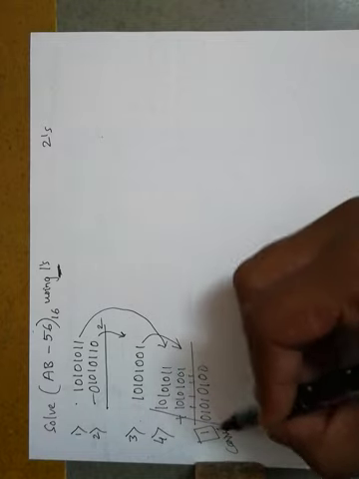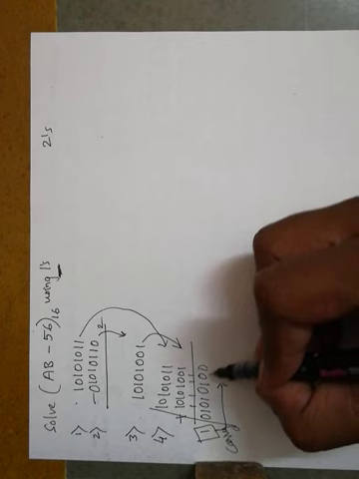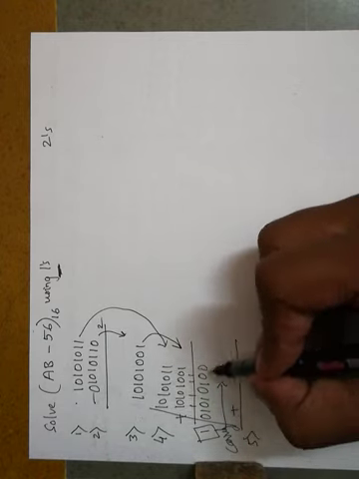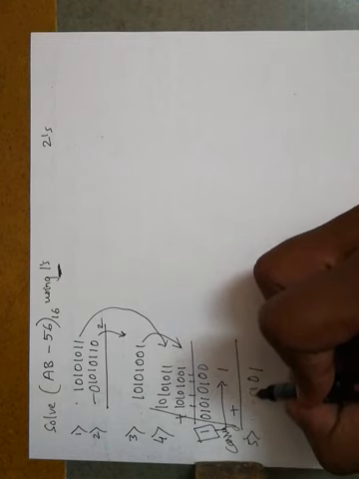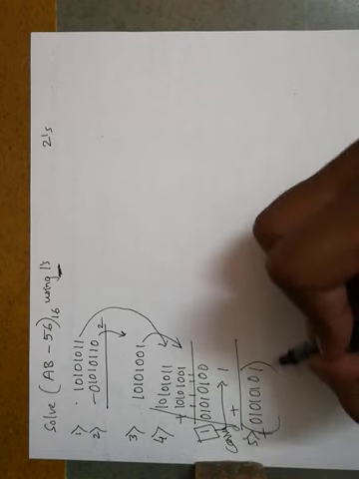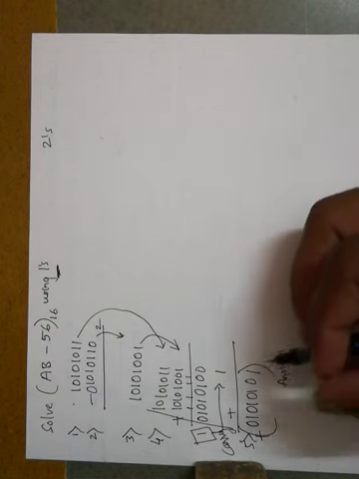If we remember our procedure, if a carry is generated in our fifth step, add it to the rightmost bit. So what we'll do is in the fifth step, this has to be brought here and added here. So 0 plus 1 is 1, remaining things as they are. So this is our answer.